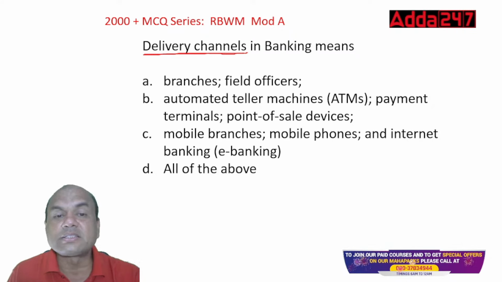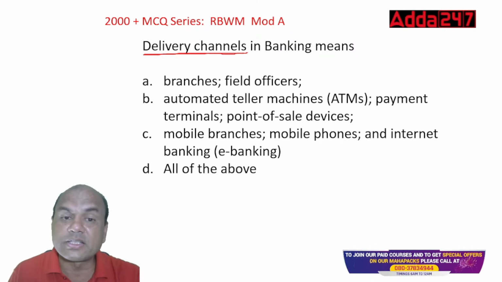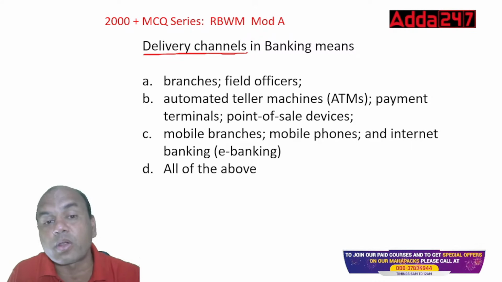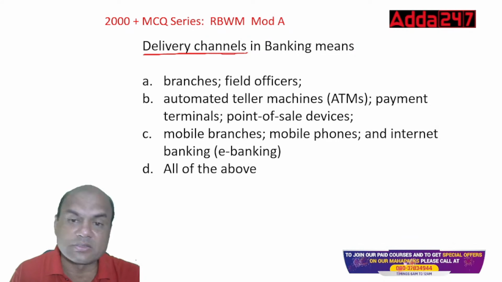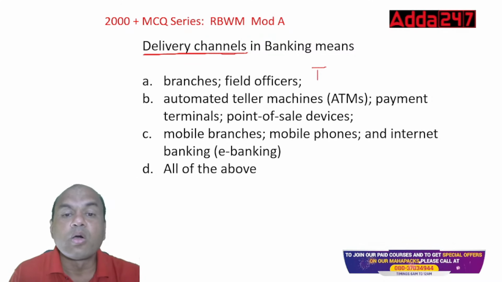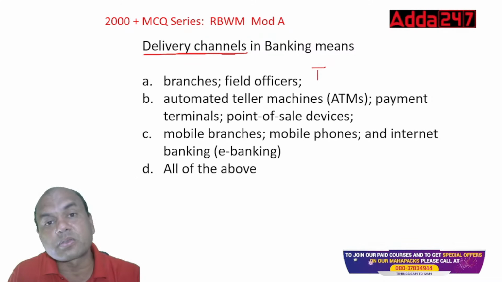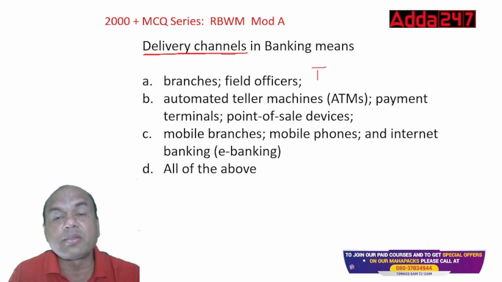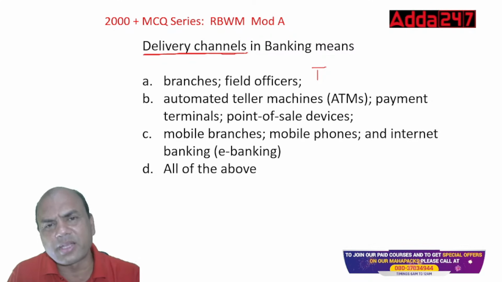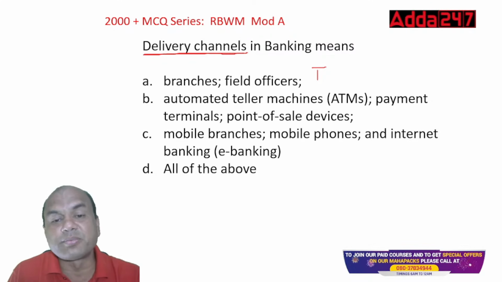So delivery channels include what? Branches and field officers. So is this a delivery channel? Can we deliver a product through the branches and the field officers, human beings? Yes, so this is true. ATMs, can I deliver my product through ATM? Yes, I can. Why not? Because through ATM I can sell my loans also. Payment terminals, right? So this is similar to ATM only. Point of sale devices means those machines which are kept in the malls for card swiping, right?